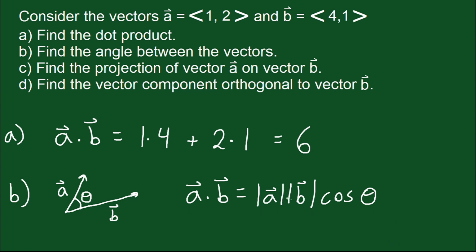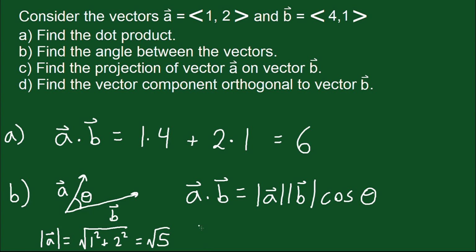How do we find the magnitude of these two vectors? Well, I think you probably remember, right? The magnitude of vector A is just going to be equal to the square root of 1 squared plus 2 squared. It's kind of like your Pythagorean theorem, right? And if you do that calculation, you should get the square root of 5.